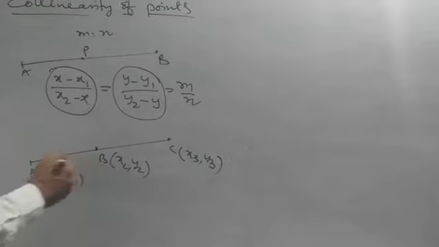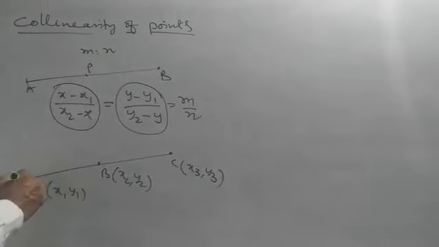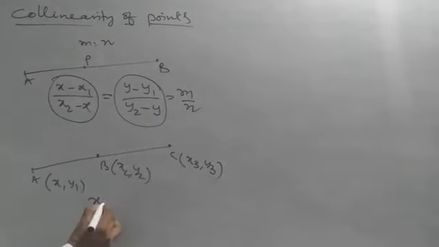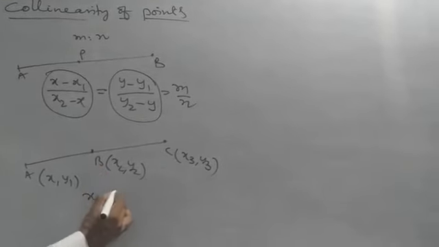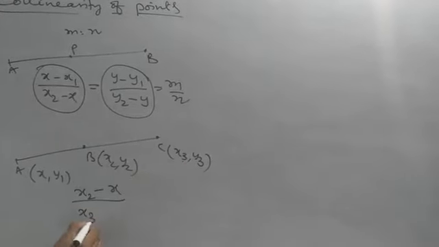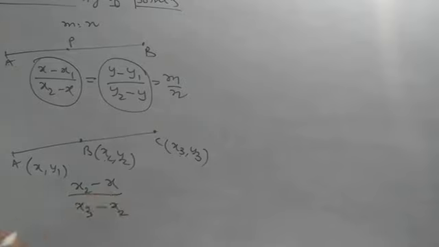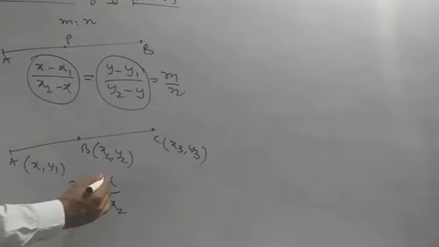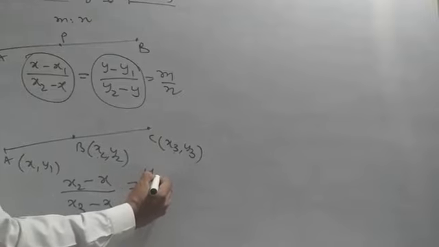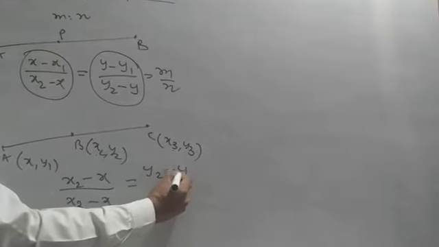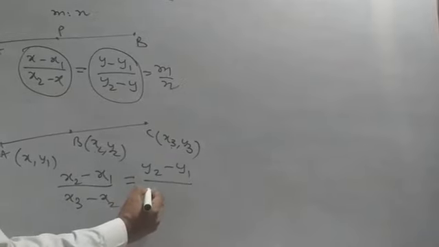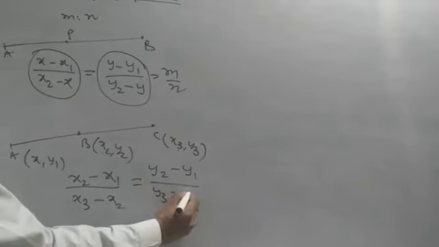Then we can say these 3 points are collinear if and only if (x2 minus x1) by (x3 minus x2), the corresponding x coordinates, is equal to the same corresponding y coordinates, (y2 minus y1) by (y3 minus y2).